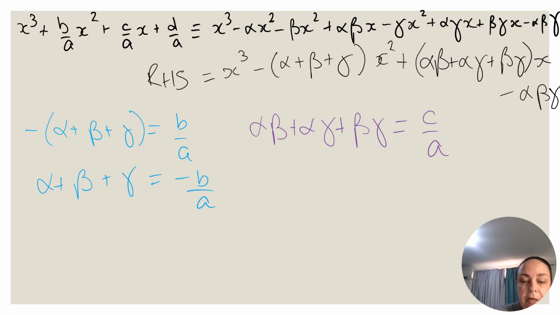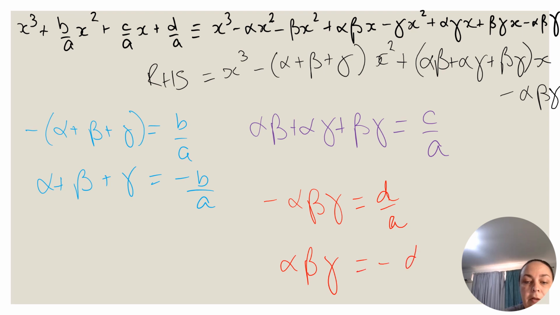The last fun fact is going to be so fun that it comes in red. We will have minus alpha beta gamma equals positive d on a. Then multiplying through by -1 gives us the following fun fact: the product alpha beta gamma equals negative d on a. This is interesting.